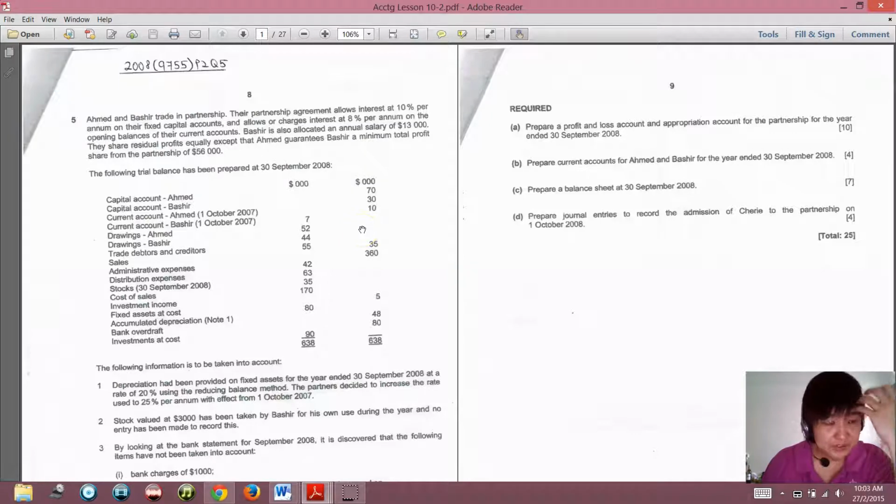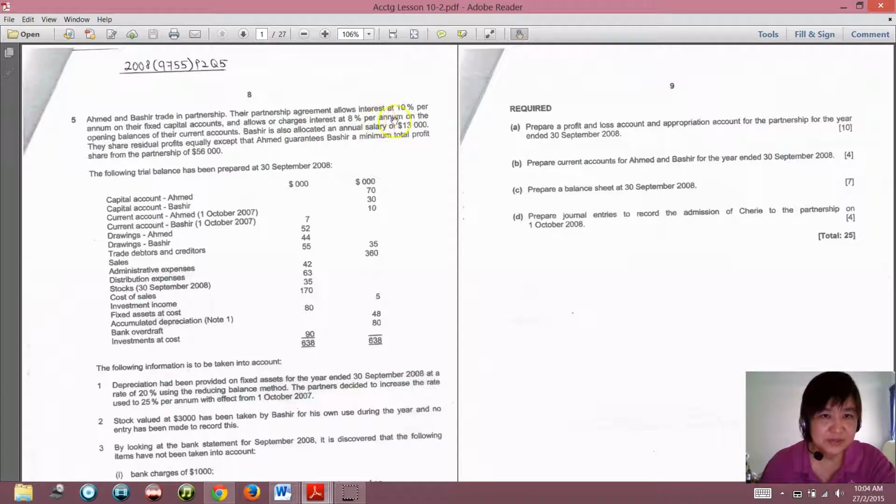So you all would have gone through all the previous lessons, including the lessons on doing the sole trader final accounts, profit and loss and balance sheet. So partnership is slightly more complicated and more difficult than sole trader final accounts. Okay, so now it says there Ahmad and Bashir are in partnership.